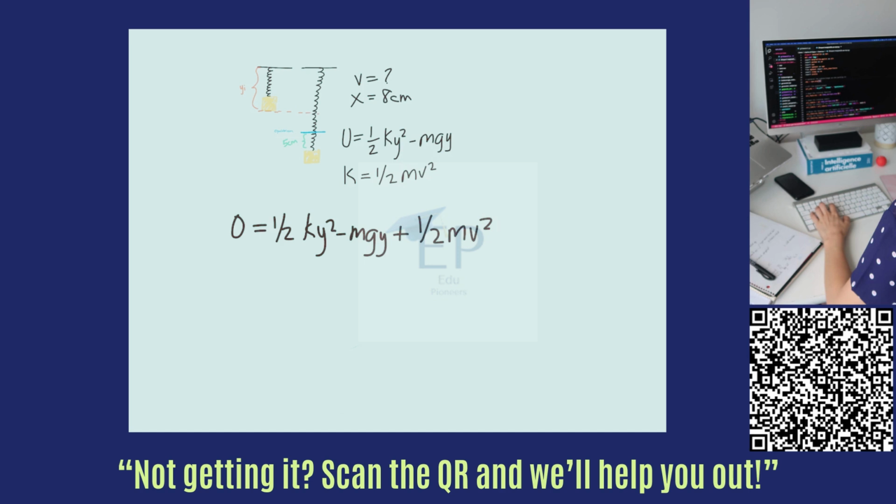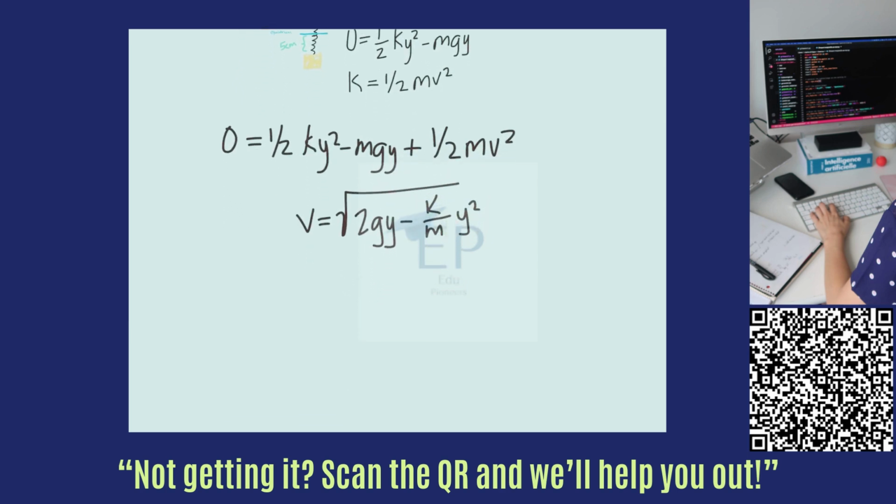So rearranging our equation to solve for velocity, we would have velocity equals the square root of 2gy minus k over mass times y squared. Now, just as before, we can substitute in for k.